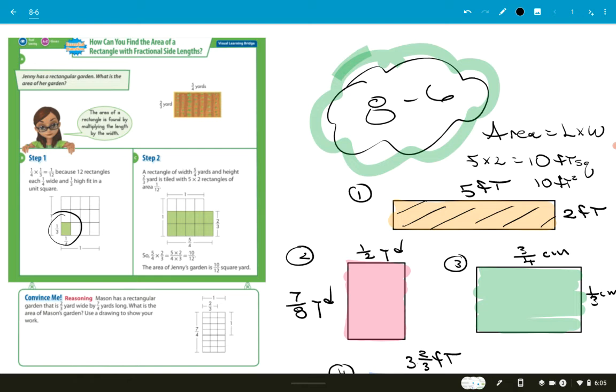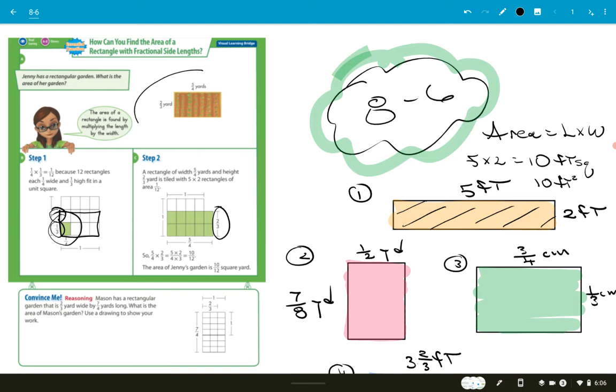Then it looks like they increase the area to include all of this here. So instead of 1/3, it's going to be 2/3, and they represent it there. The area of this gal's garden is 10/12 square yards. I think they make it more difficult than they needed to.